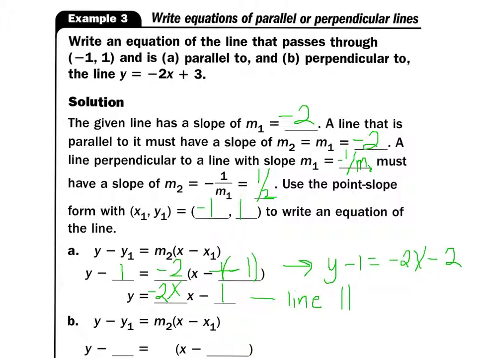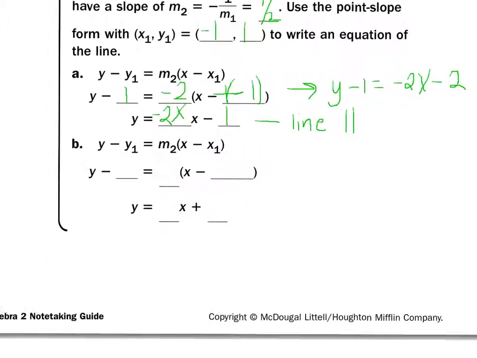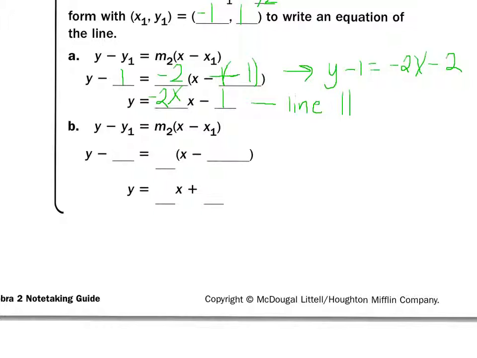On B, I want my line perpendicular to it. So I am going to use the same point, -1, 1, but this time I'm going to use my flipped over opposite for my slope. So it's going to be 1/2 here.